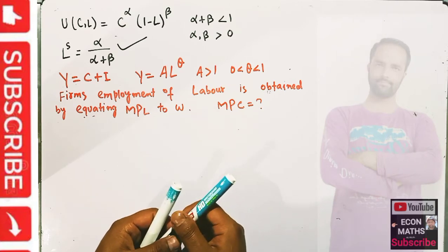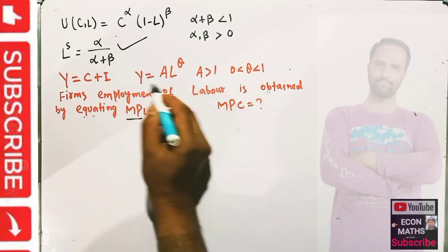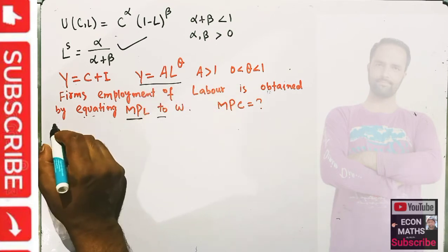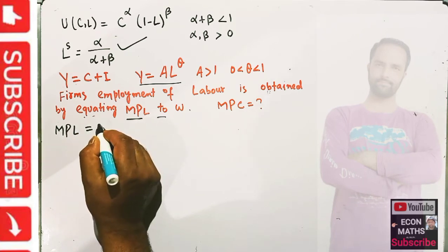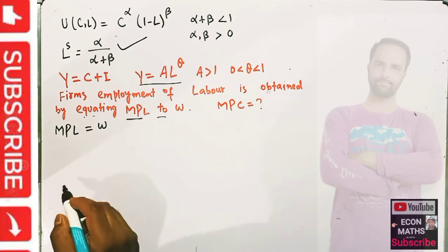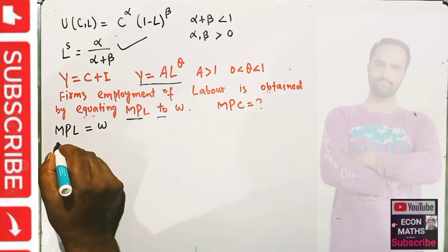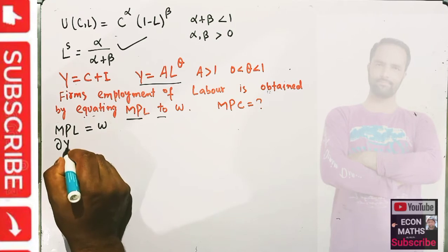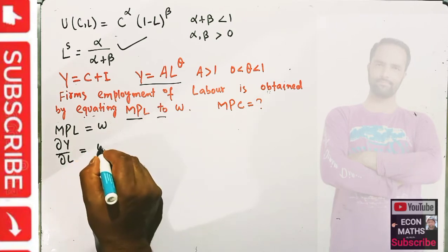Okay, so what is MPL then? If this is our production function, then MPL, when we equate it with w, now MPL is the derivative of production function with respect to labor. That means dy upon dL should be equal to w.